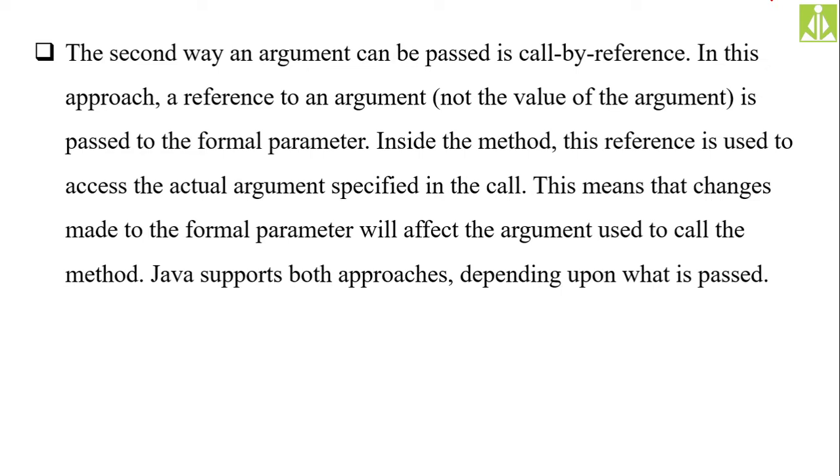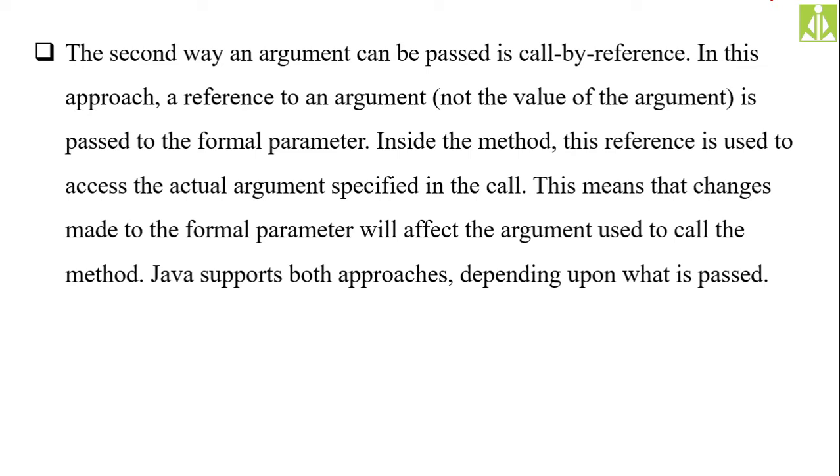So how are we going to achieve the concept of reference? With the help of objects. So here an object is nothing but a kind of reference only. It is a kind of instance only. Okay. So whenever we are dealing with call by reference mechanism, inside a method we are accessing the values with the help of objects.